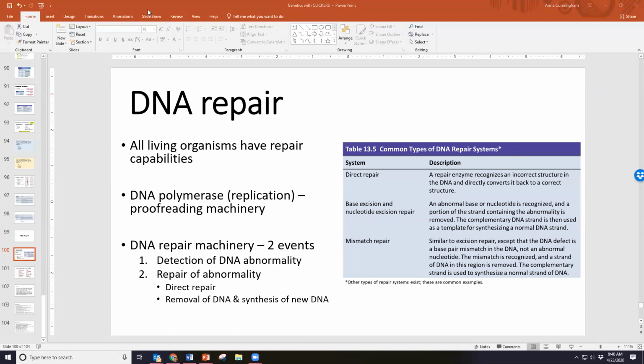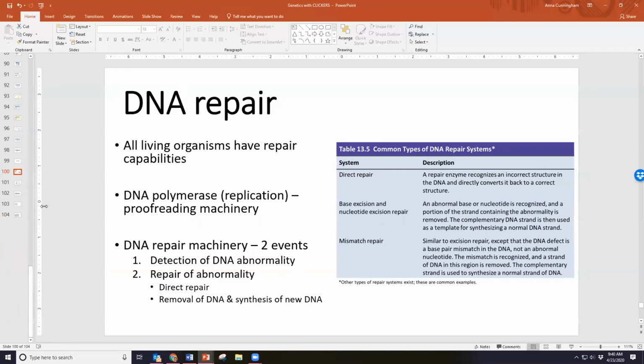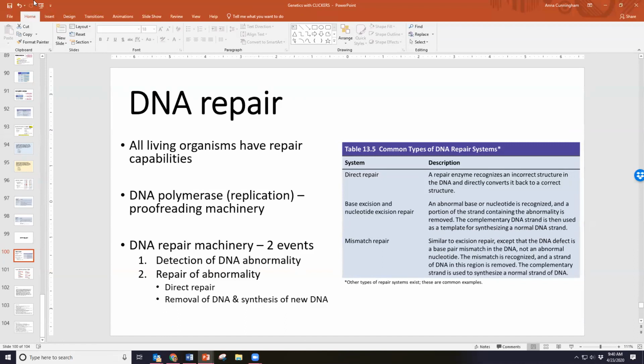So all organisms have the capability of genetic repair. Viruses don't have this capability, which is one of the reasons they mutate so readily. But all living organisms made of DNA have the ability to repair their DNA because by nature, DNA polymerase itself, which performs replication, can very well proofread and correct itself.